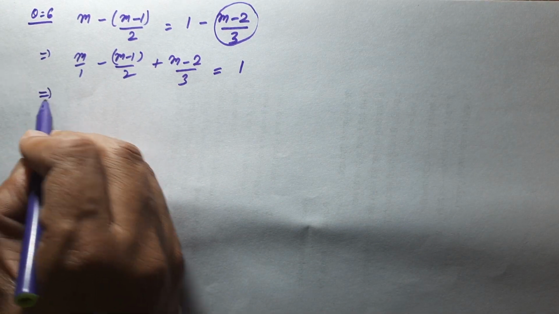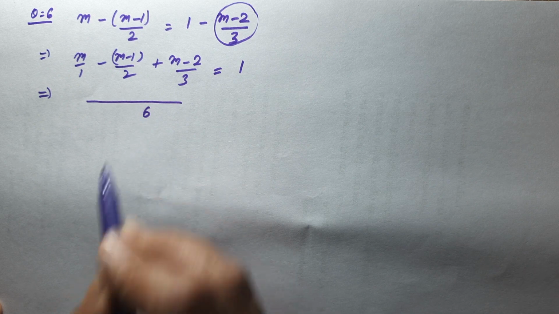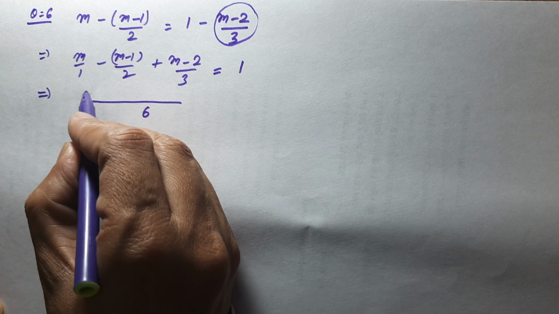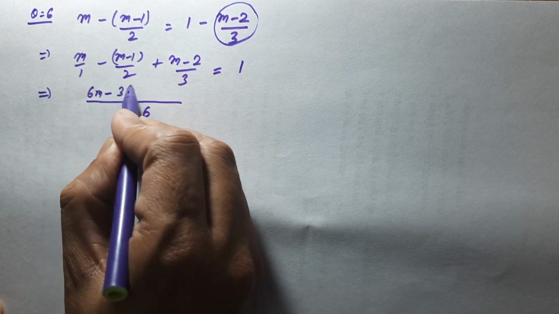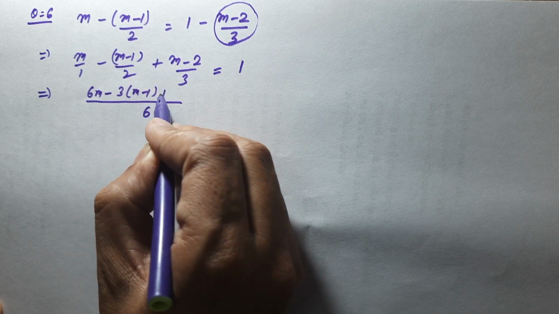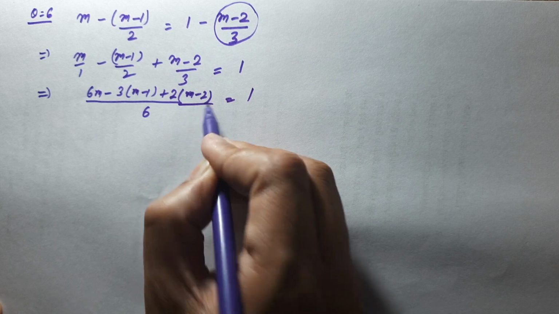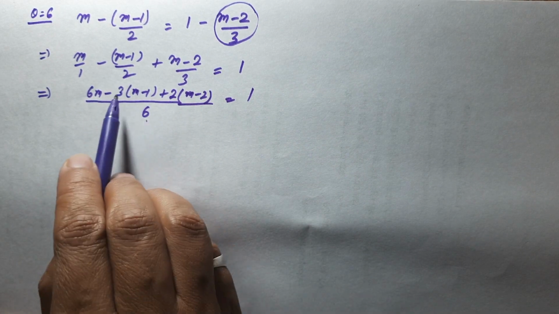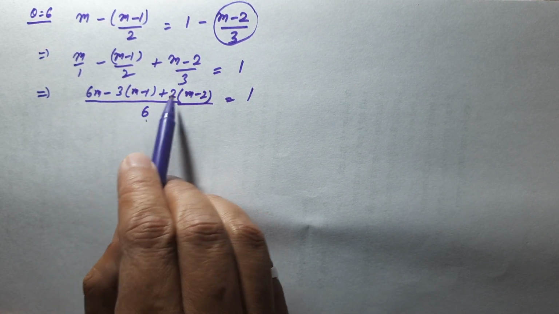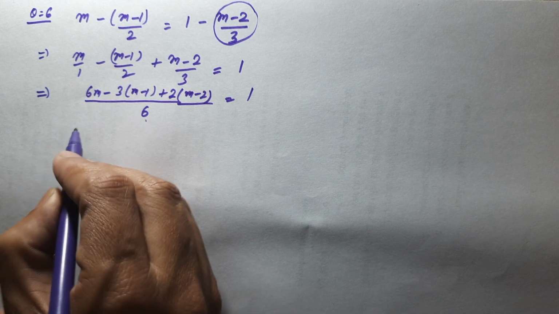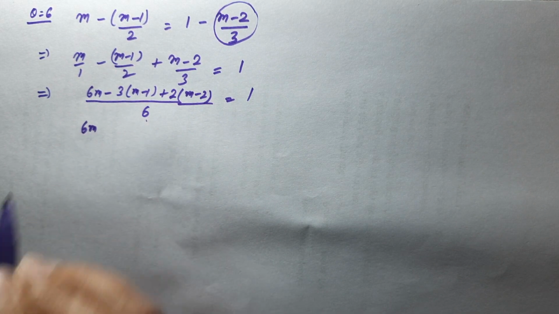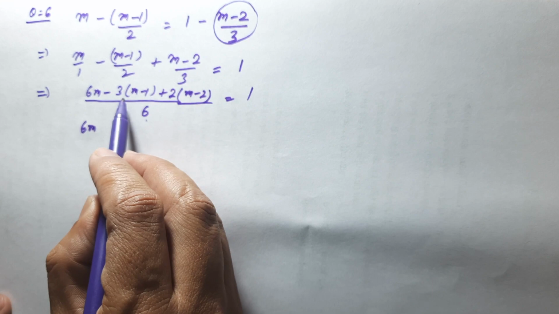Now take the LCM. LCM will be equal to 6. 6m minus 3 into (m minus 1) plus 2 into (m minus 2) is equal to 1. Here 2 times 3 is 6, so multiply it by 3. 3 times 2 is 6, multiply it by 2. Now simplify it. 6m. That's why I have put the bracket.